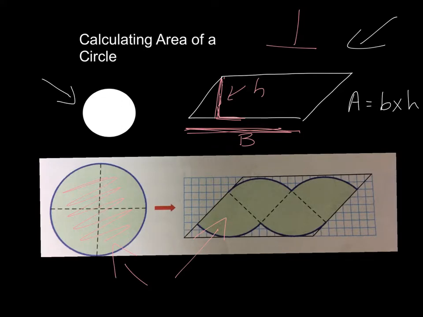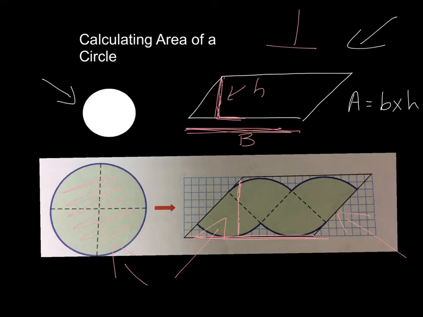So if you notice with the parallelogram, again, if we were trying to figure out the formula for the area of this particular parallelogram down here, we would find the height, right? Like the dotted line there, and then that would be the base, right? So think of how that is similar to a circle, or how that relates to the circle, I should say.